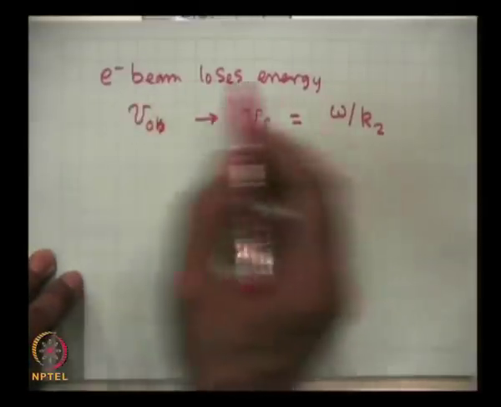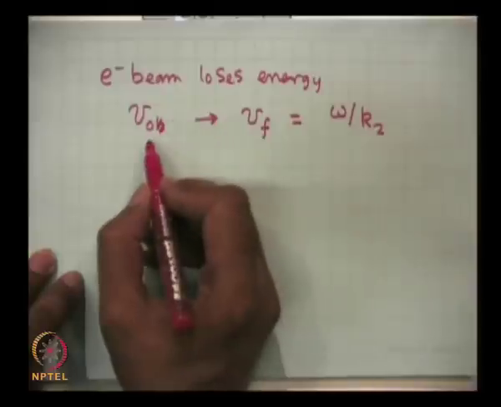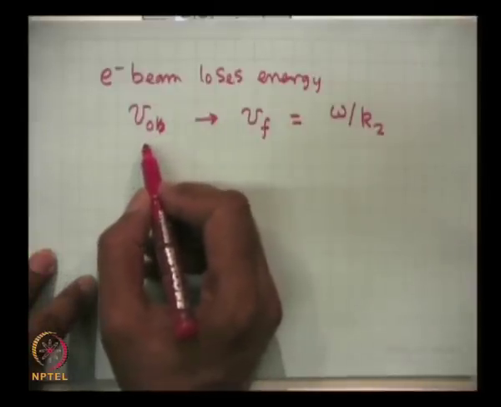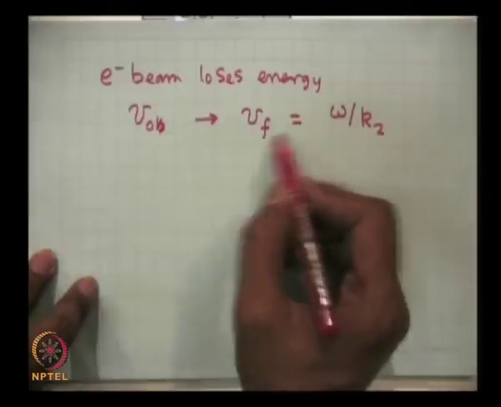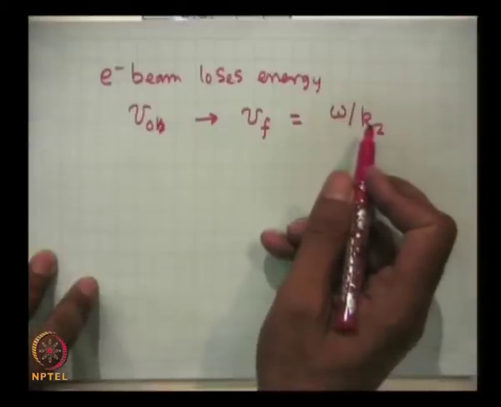So as the electron beam loses energy, its velocity reduces from the original velocity v0 to the final velocity equal to omega by kz.